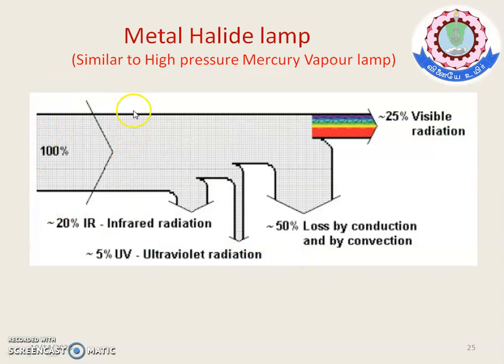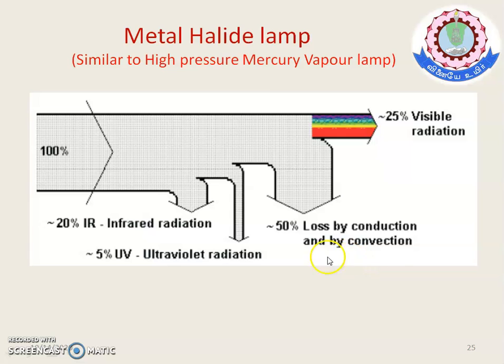And here the important thing is, with respect to the metal halide lamp, 20% becomes infrared radiation. And one more piece of information, this type of diagram is known as a Sankey diagram, S-A-N-K-E-Y, which is usually used to represent economic factors, how the economics is spent towards multiple channels, or the energy spent in multiple channels.